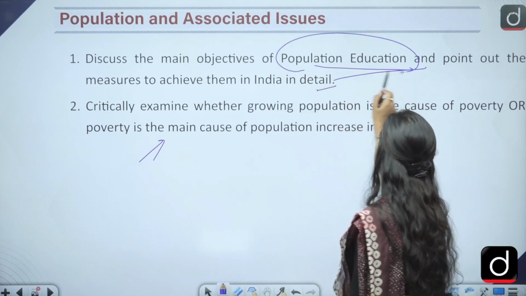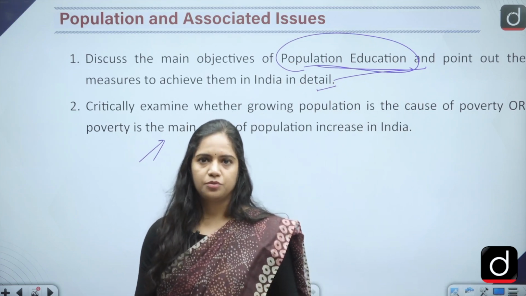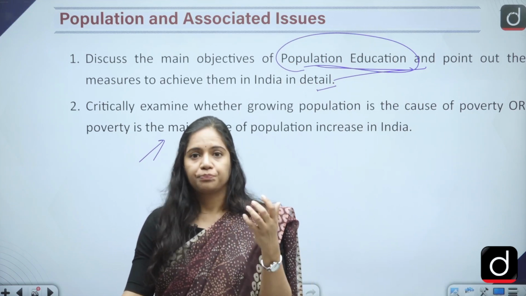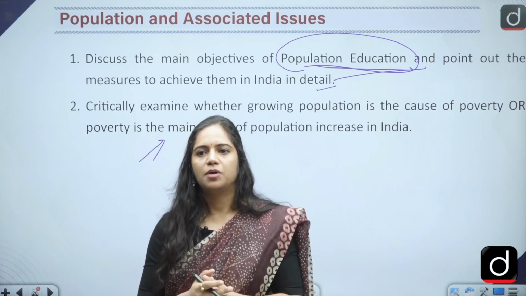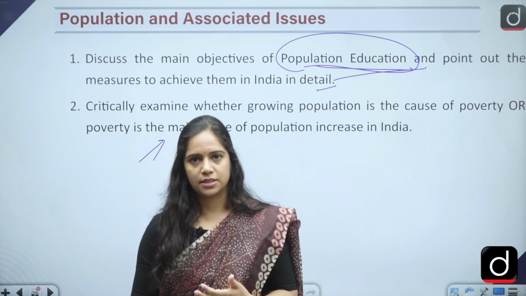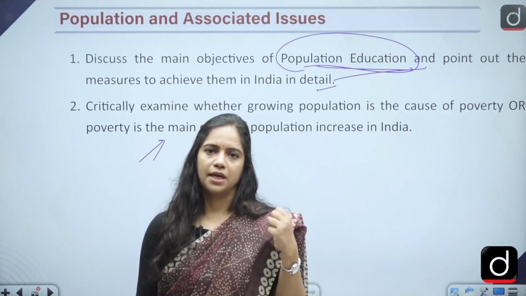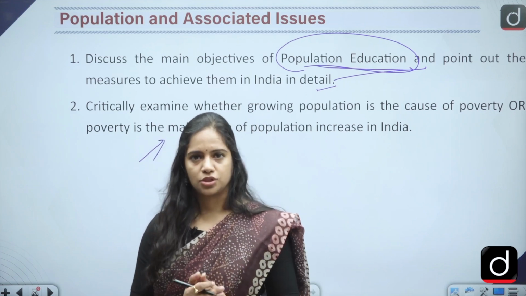Now with respect to population education, what the question is trying to say: the family welfare programs, the associated issues of expanding population, what is demographic dividend, the skewed sex ratio. If a population knows about these things, then it would be easy for couples to make decisions at their own end rather than the government enforcing its decision on them.